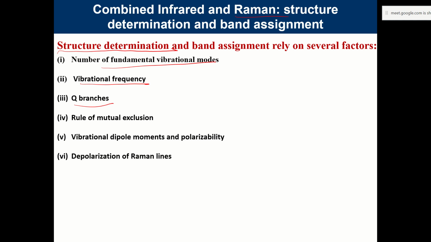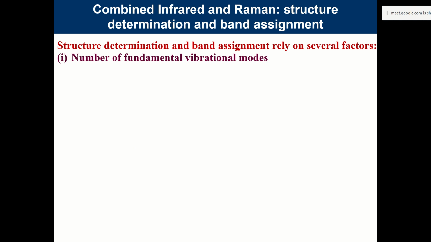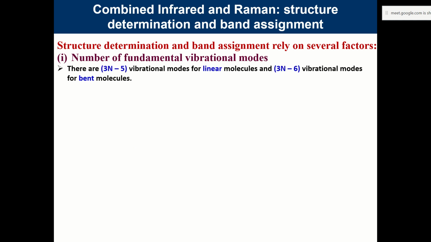Then also observe the rule of mutual exclusion, see the vibrational dipole moments and polarizability, and also observe the depolarization of Raman lines, if it is observed or not. Polarization or depolarization, whatever you may call it. So it will depend on what.